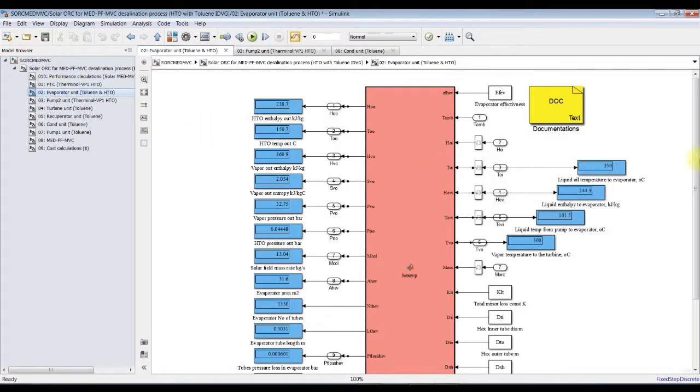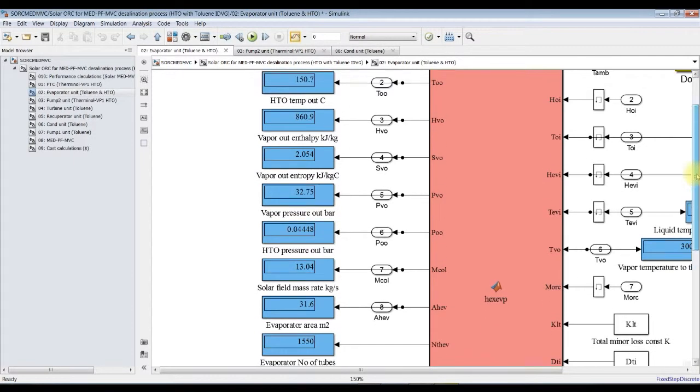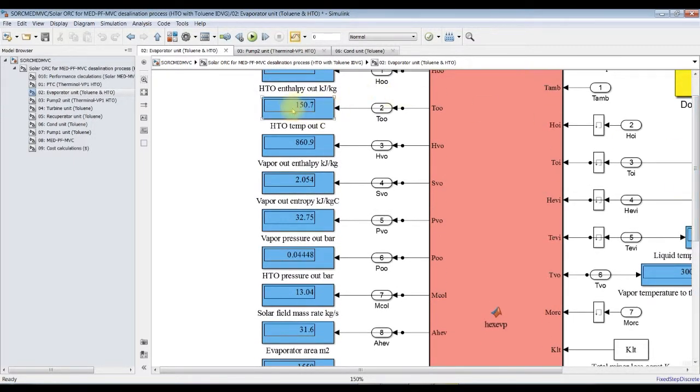This is the boiler heat exchanger. You can discover the outlet stream returning back to the parabolic trough and the turbine unit. This is the heat transfer oil enthalpy and temperature. This is the input temperature to the solar field, 150, in order to raise it up to 350.